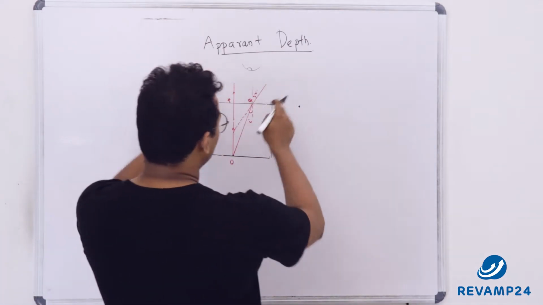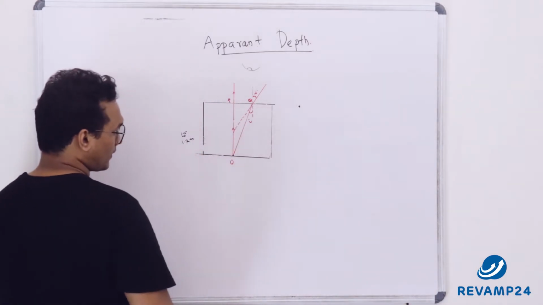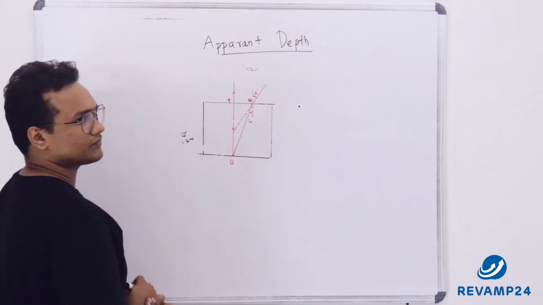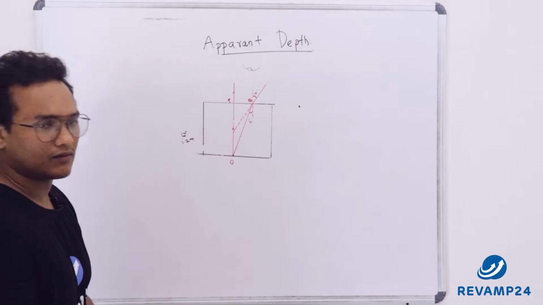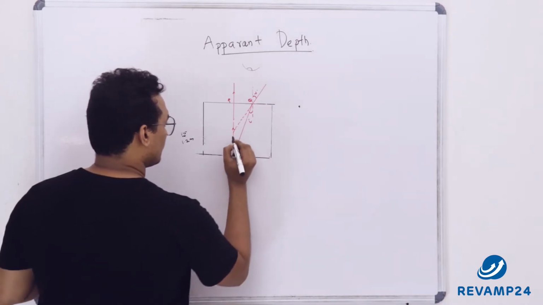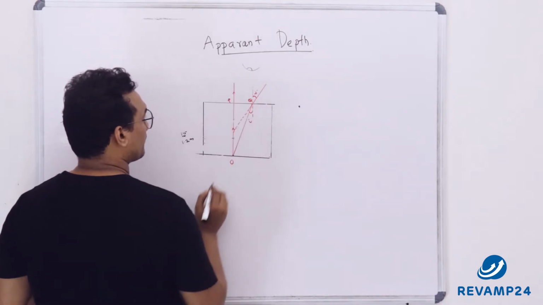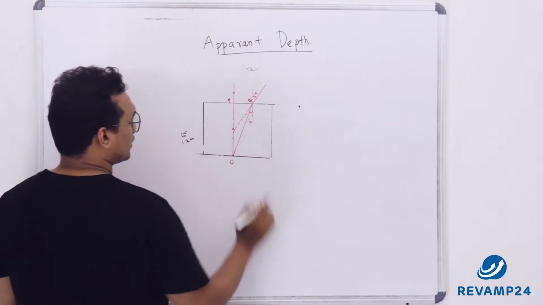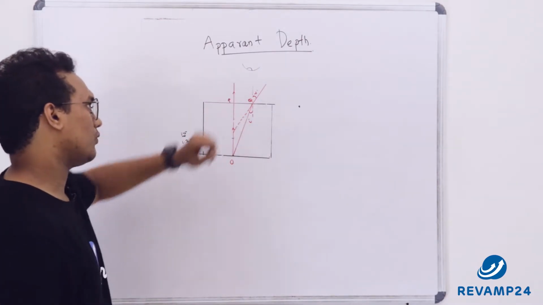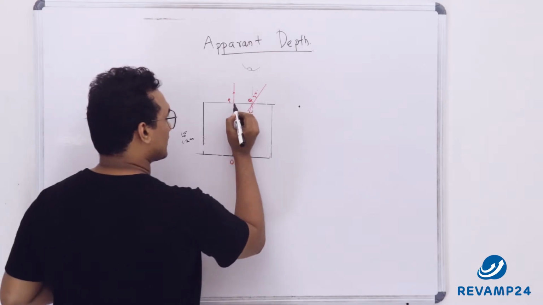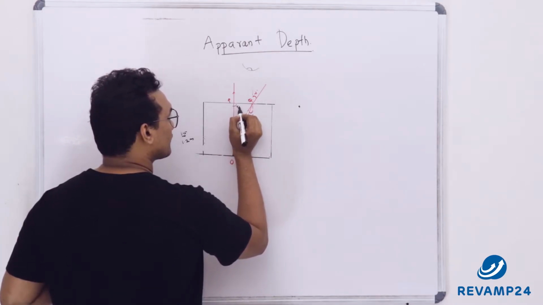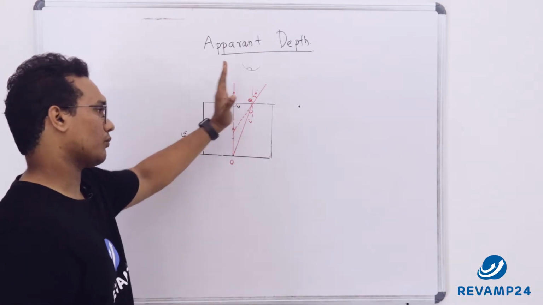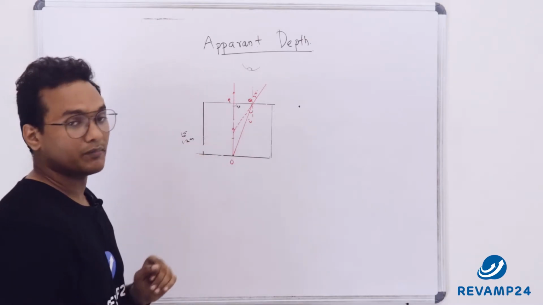Now see, when the water is filled, which are the two rays that are received at our eyes? One ray would go in this direction. So this is the top level of the water. Now with the water surface, it is making an angle of 90 degrees, or I can say with the normal to the water surface, the angle made is 0.